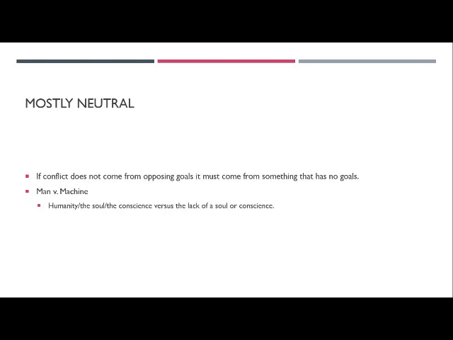When characters are mostly neutrally aligned on the lawful versus chaotic axis, regardless of good versus evil, then the conflict cannot come from opposing goals, so it must come from something that has no goals. This is when you're going to get your man versus machine conflict.